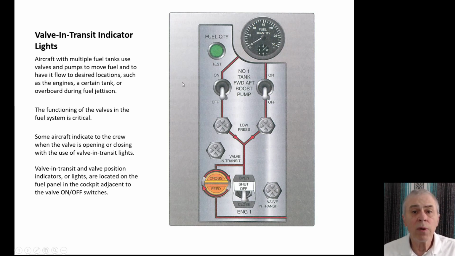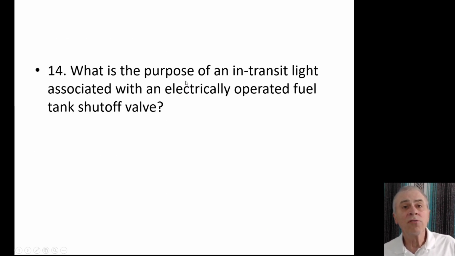All right, be aware of what they are. I believe there is an oral question on them. Here it is. What's the purpose of an in-transit light associated with an electrically operated fuel tank shutoff valve? So why would you have the in-transit light?